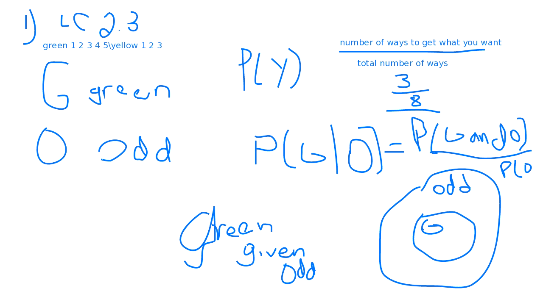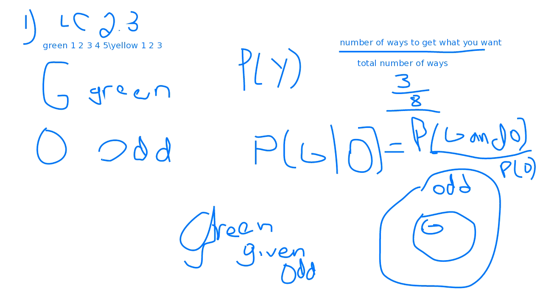So in these given problems, it's given that it's odd. That means it has to come out of all the odd numbers. Out of the 8 cards, how many are odd? I'll give you a minute to think about it.